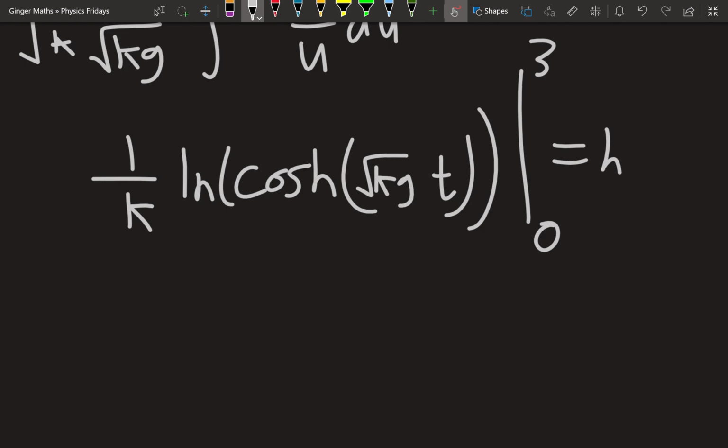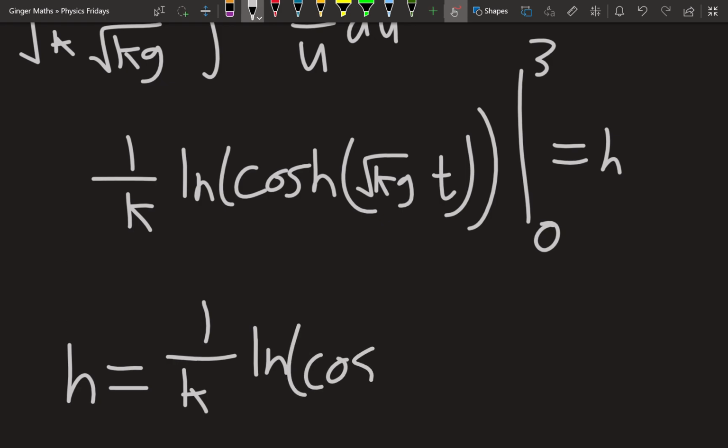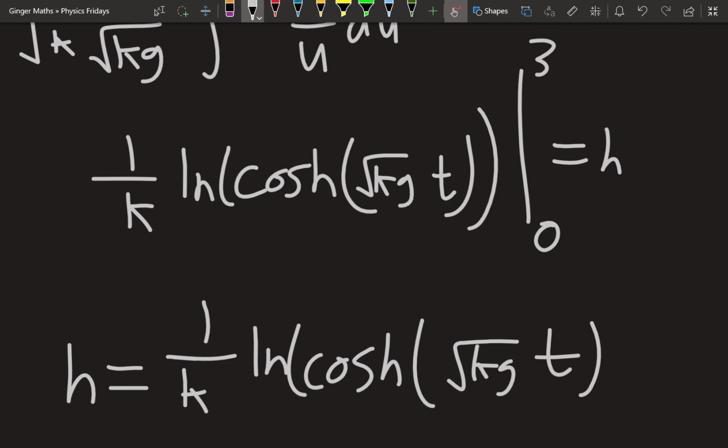If we plug in 0, you get hyperbolic cosine of 0, which is just 1. Natural log of 1 is 0, so we don't have to worry about this bottom bound, thank goodness. So our height is equal to 1 over k times the natural log of hyperbolic cosine of the square root of kg times 3. That should be our height.